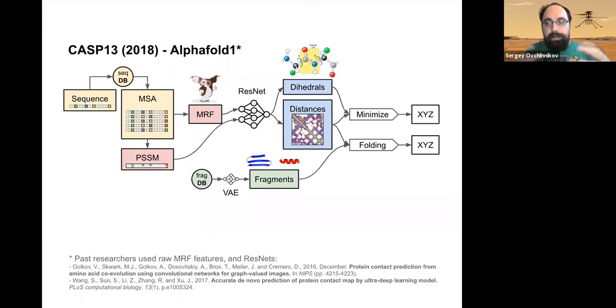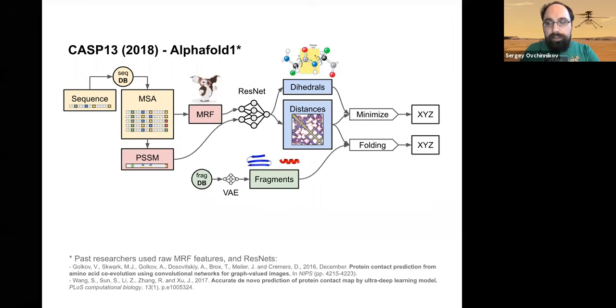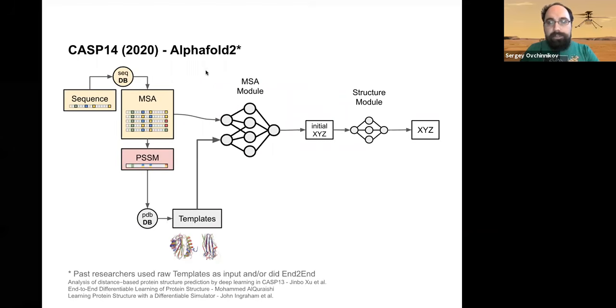In some ways, one could argue that AlphaFold finally put all those ideas together to make this work. And finally, with AlphaFold 2, a lot of the things I was describing, like fragment picking and sampling structures, were replaced almost completely by an end-to-end protocol.